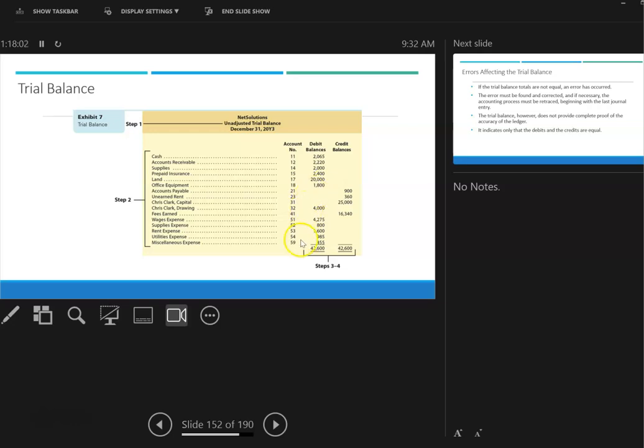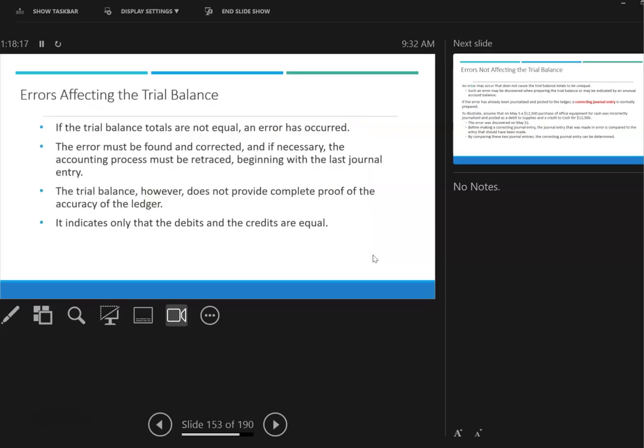Do you see how your debits will always equal your credits? And doesn't it make sense they're going to? Because if after every transaction our debits equal our credits, isn't it going to balance? Right? If the trial balance does not equal, there's a problem. The error needs to be found and fixed.